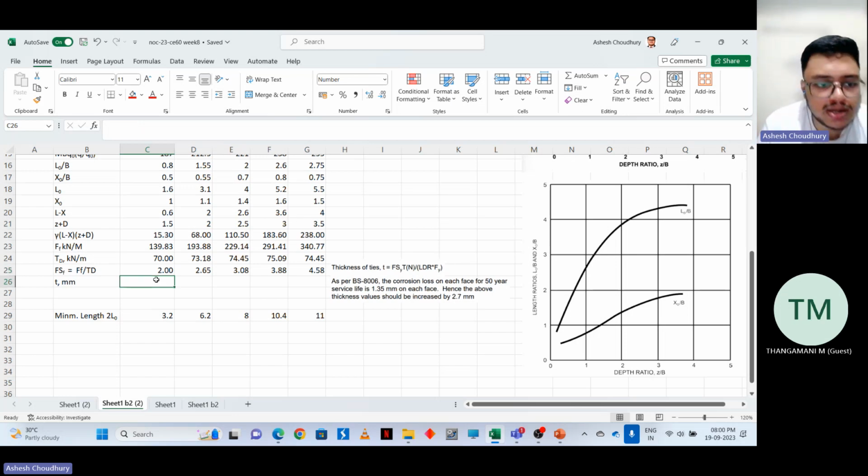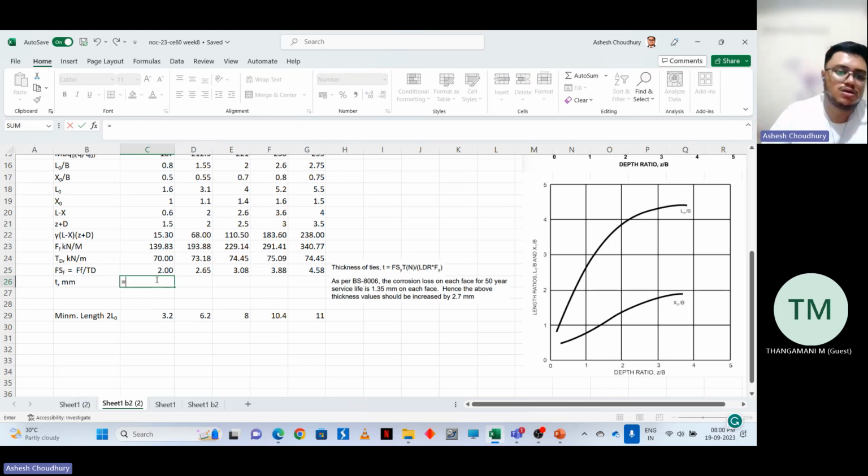So one more trial we need to do if you want to use 2 meter as the width. Because if you want to use 5 layers, this is not satisfying.